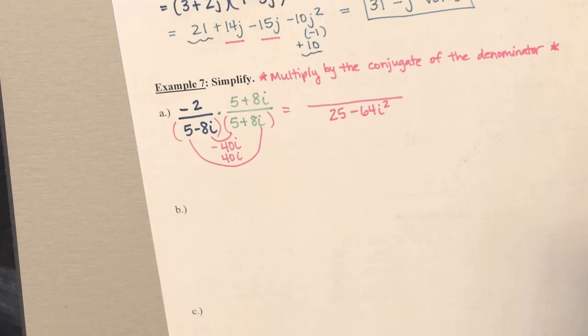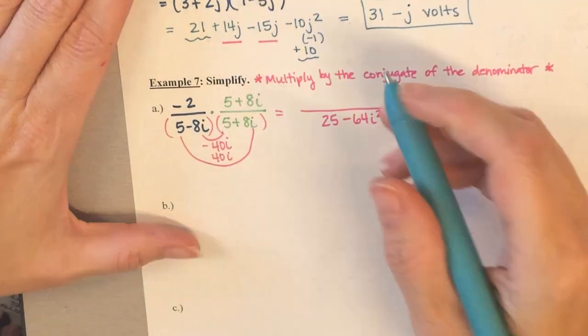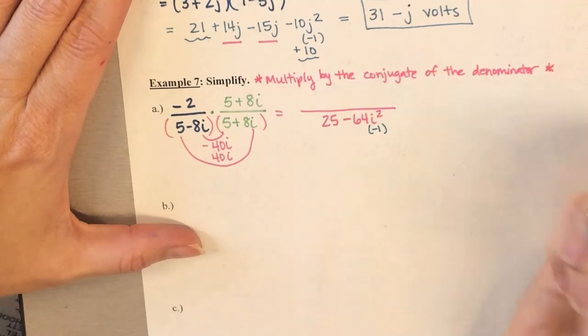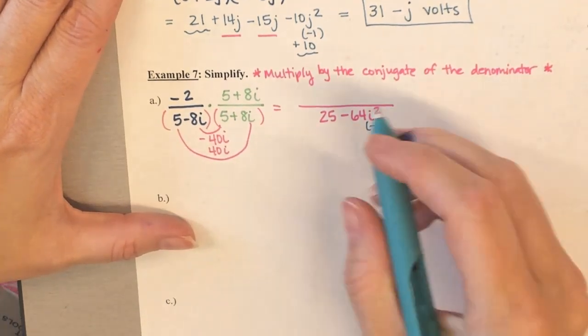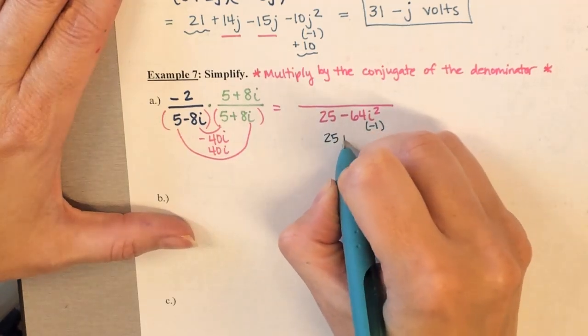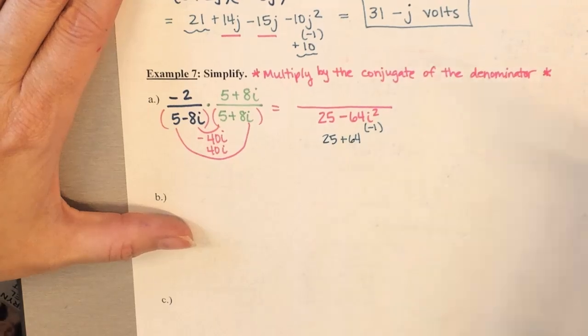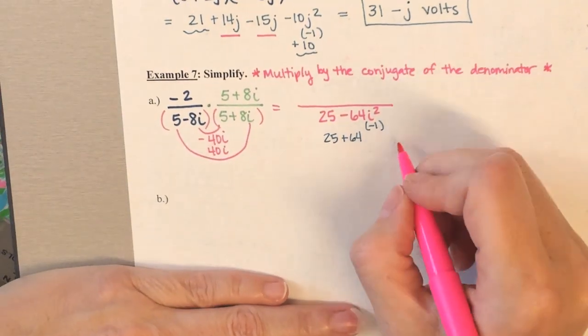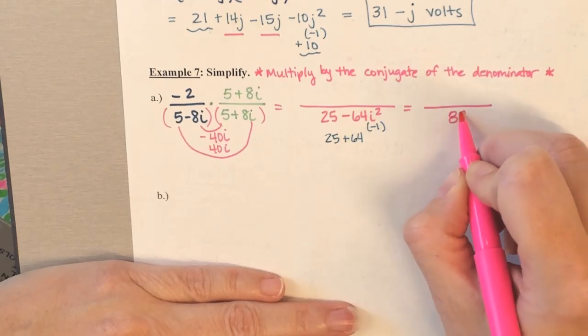And we're just going to simplify all of the bottom together right now, okay? So if you plug in your negative 1, and I'm fine with you just showing it in this step. You don't have to write out the whole step again for that. And then we're going to add those together to get 89.